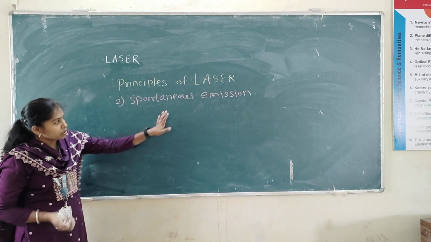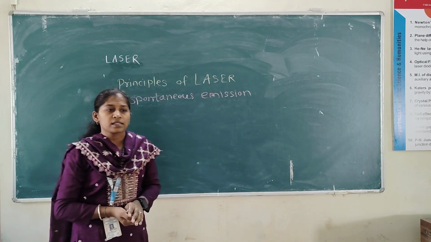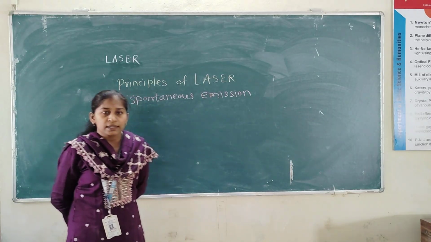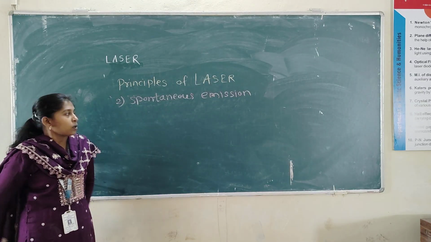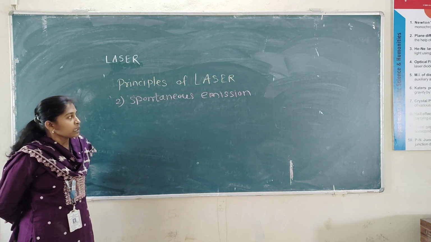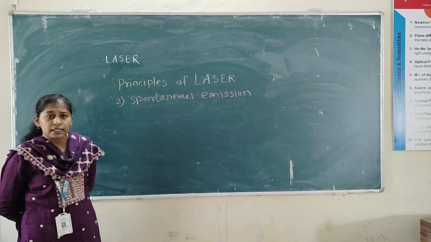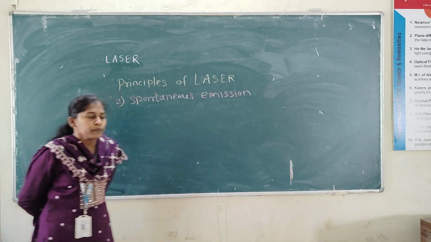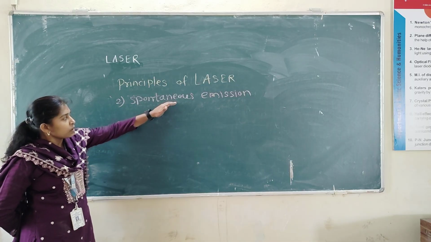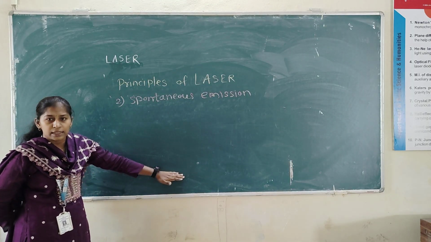In spontaneous emission, every atom has a tendency to attain a lower energy state. An atom in the excited state has no long-term stability. It is stable in the excited state up to 10 raised to minus 8 seconds. After this time, the atom naturally jumps to the lower energy state.